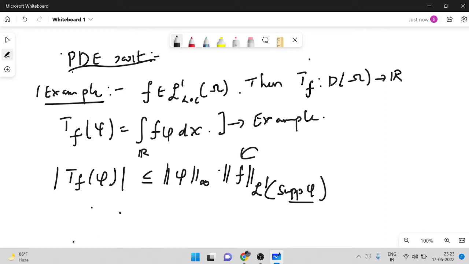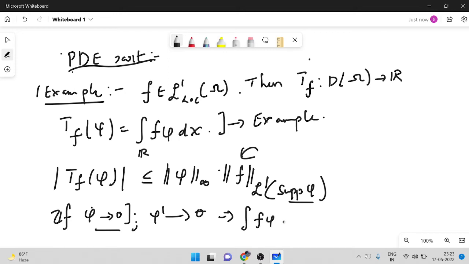And if phi converges to 0 and all the derivatives of phi converge to 0, then the integral of f phi dx also converges to 0. So this is our first example.